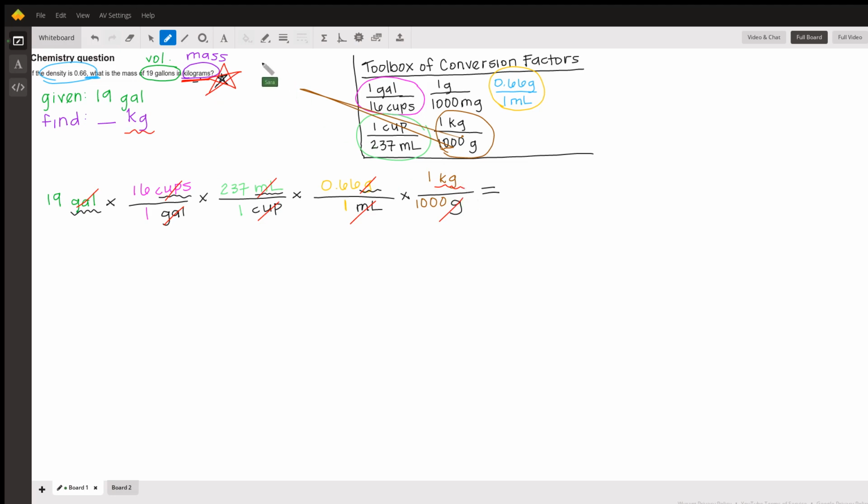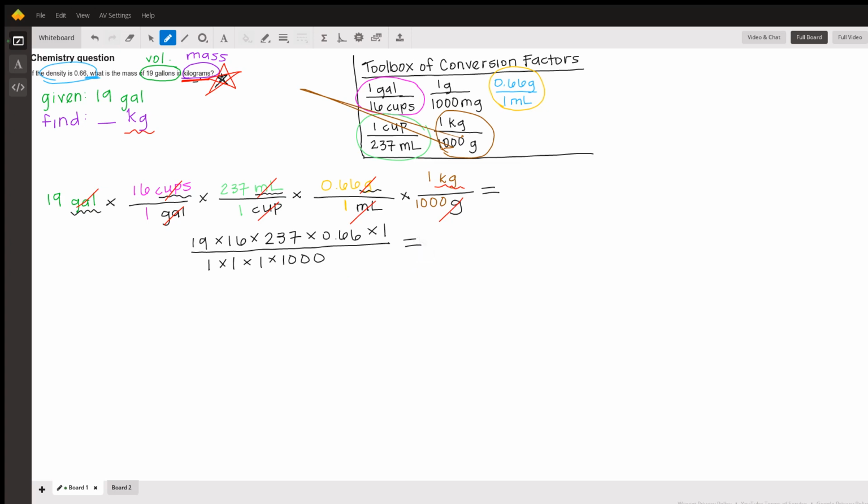So then you just want to multiply everything across the top and then divide it by the product of everything on the bottom. So 19 times 16 times 237 times 0.66 times 1. Of course, the 1 doesn't change anything, but just so we understand the process. And across the bottom, 1 times 1 times 1 times 1,000. So you go ahead and put all of that into your calculator.